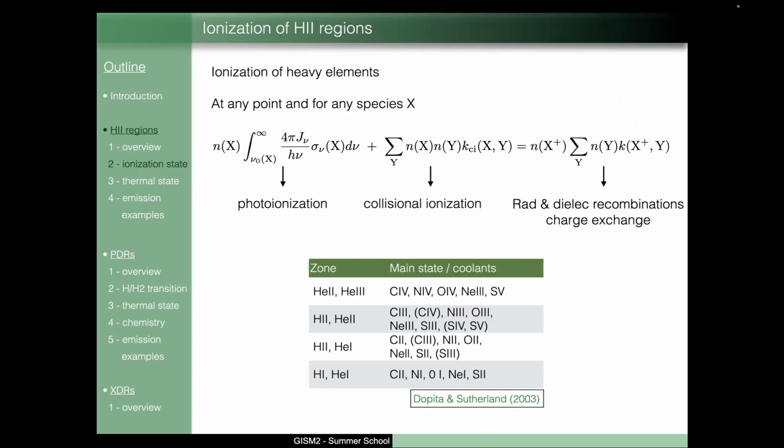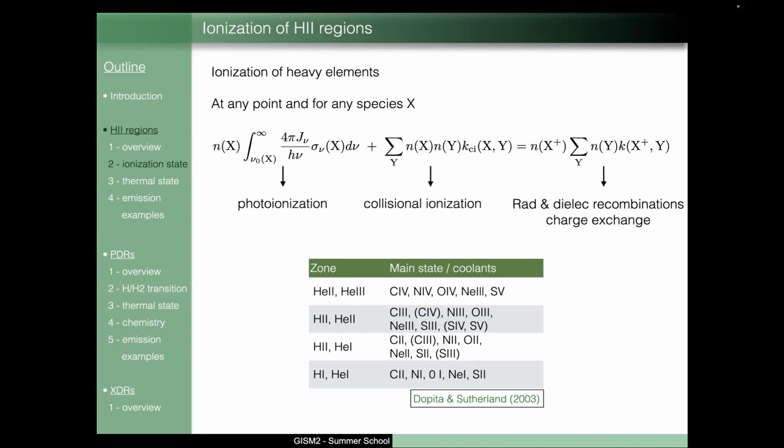You have the photoionization rate here, and you have the radiative recombination rate here. But for heavy elements, this equation is a little bit more complicated because you have to take into account additional terms. For instance, collisional ionization, and on the other side, electronic recombination and charge exchange.